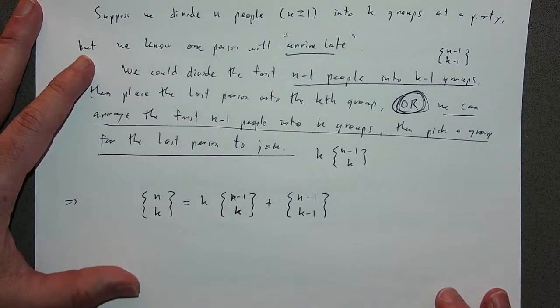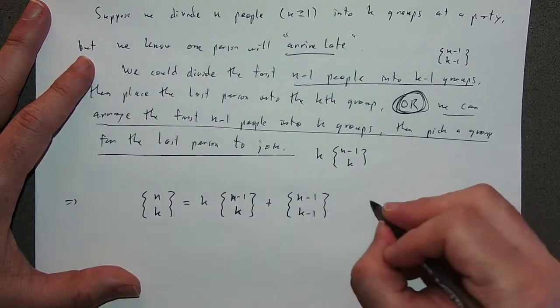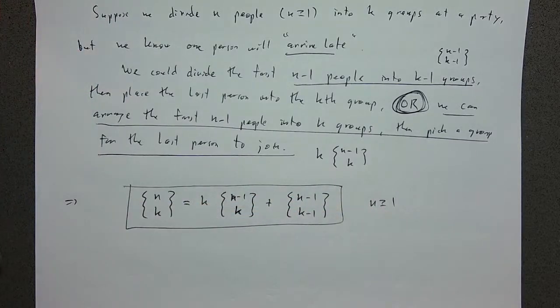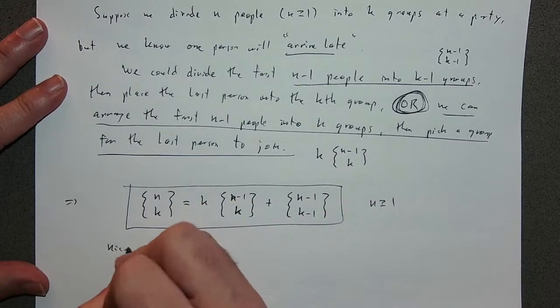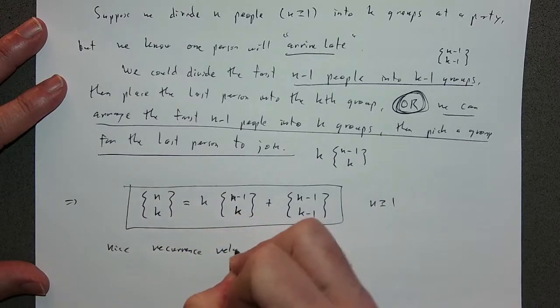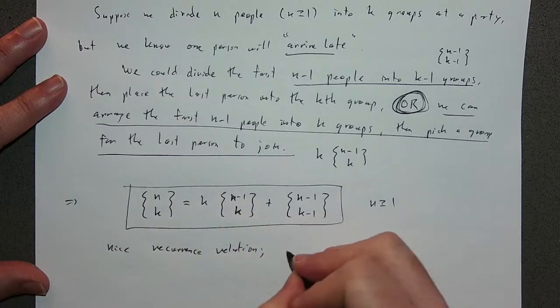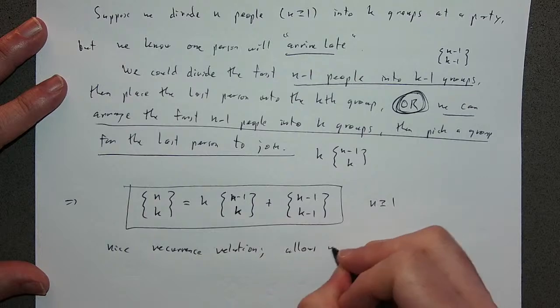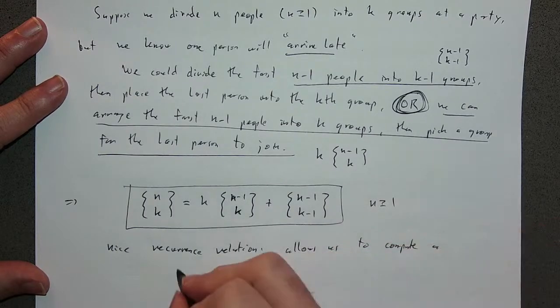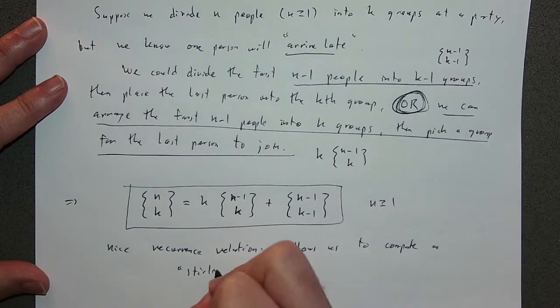And this is for n greater than or equal to 1. So I get, again, a nice recurrence relation, which again allows us to compute a Stirling triangle of the second kind.